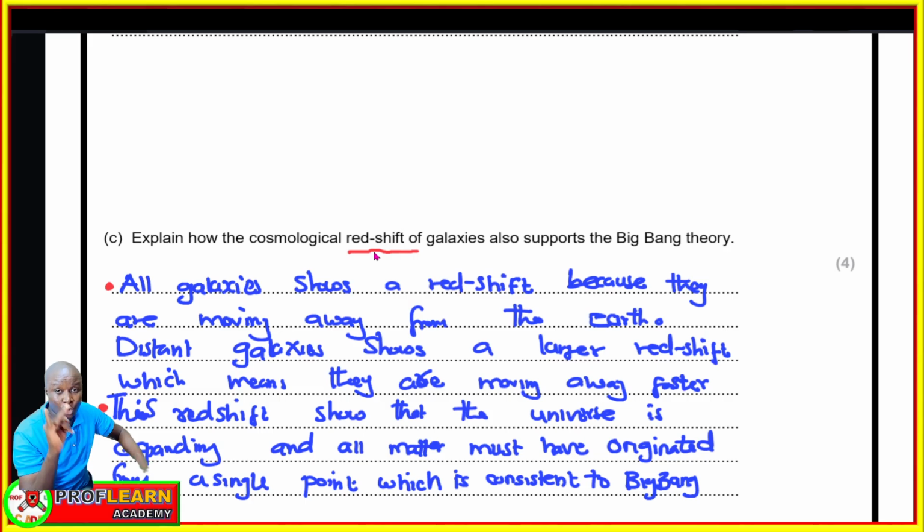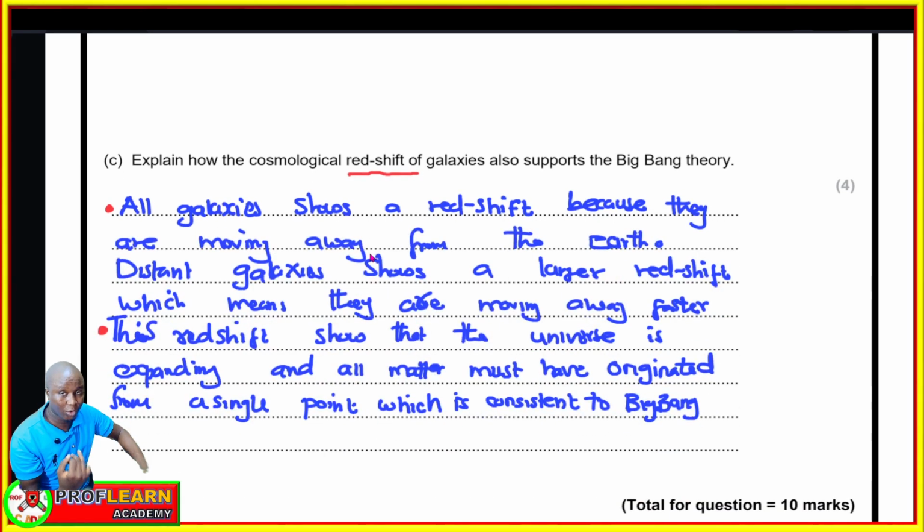We have said there are 2 pieces of evidence that support Big Bang theory. Number 1 is the presence of microwave background radiation in the universe, and also the redshift that is observed from distant galaxies. So that also supports it. All galaxies show a redshift, so meaning they are moving away.